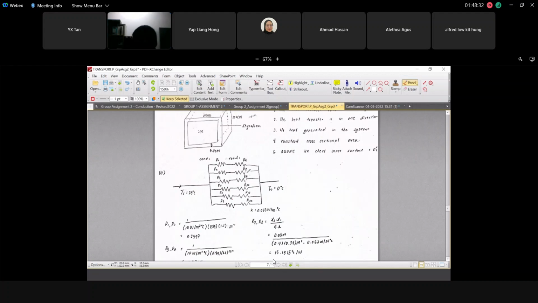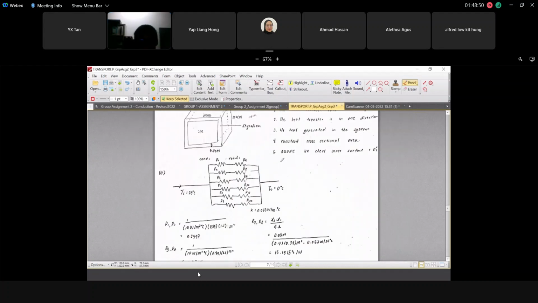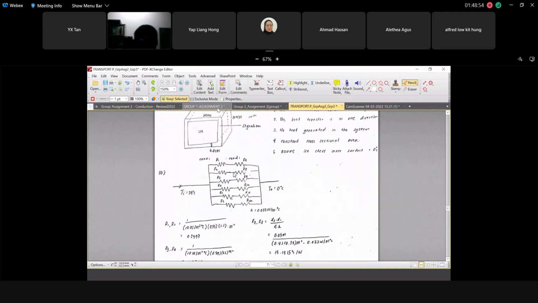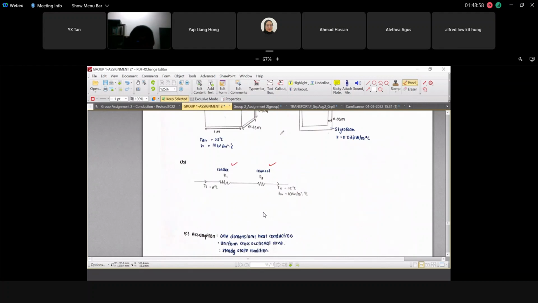I personally prefer the group 3 one. What about the rest? Okay, my opinion: group 1, this circuit diagram is correct.